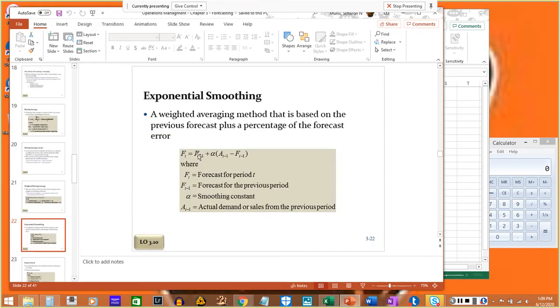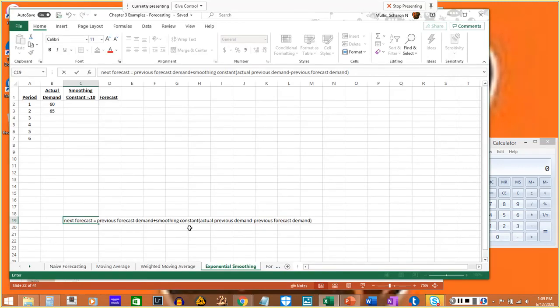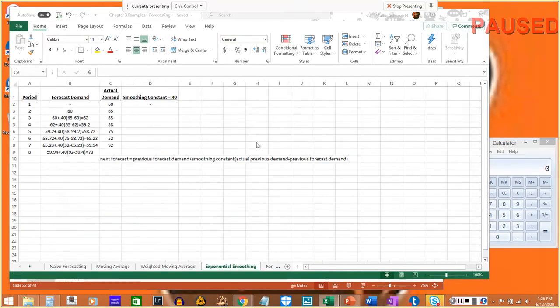So that's what this means in English. Exponential smoothing is a little bit more involved, so it takes a little bit more of working through.